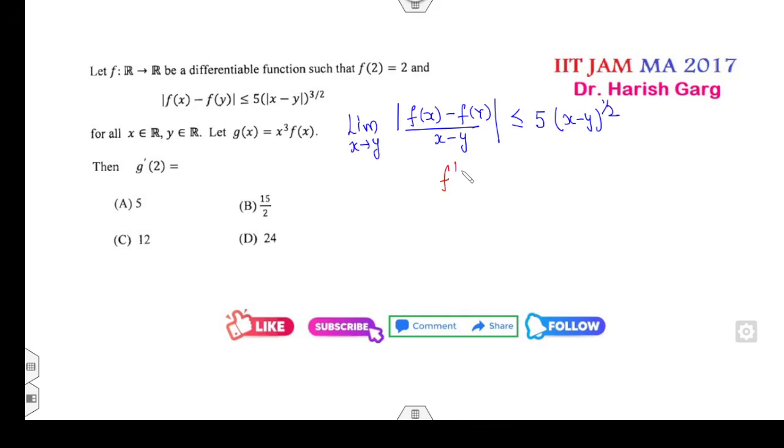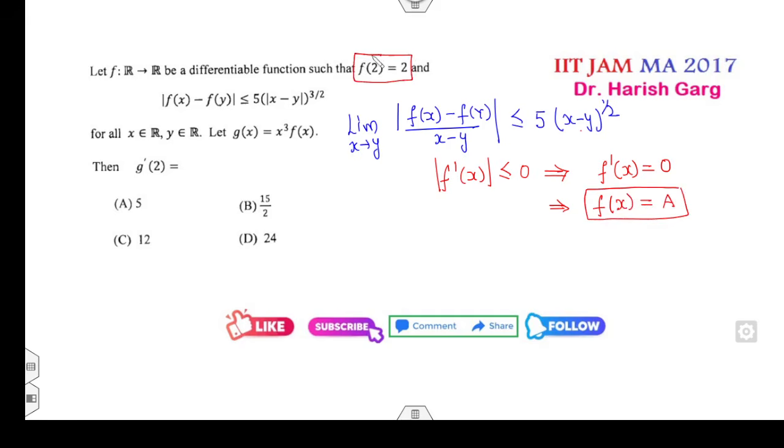So you will get f dash of x is less than equal to 0. So that means f dash of x must be 0. So once f dash of x is 0, what is f of x? That is a constant number. And you know f of 2 is 2. That means your function will be f of x is 2.